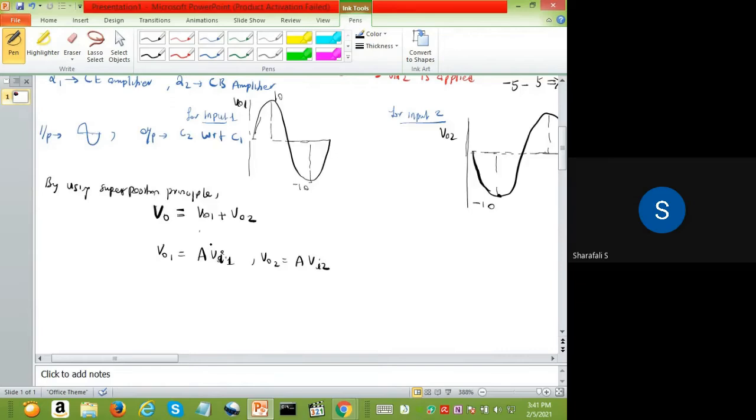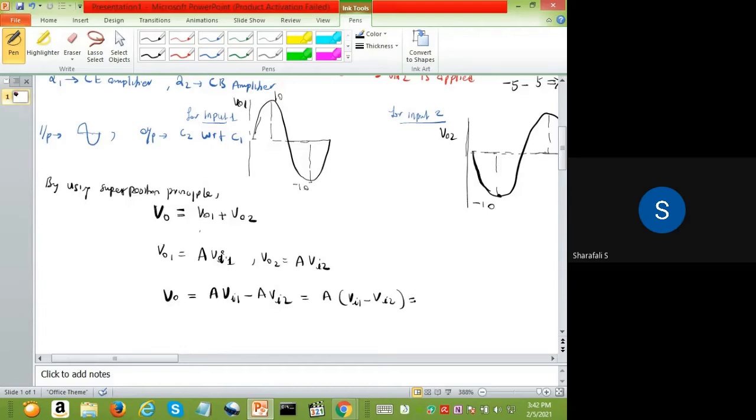One is coming positive, and the other one is out of phase. So I can take the total output V0 as A times VI1 minus A times VI2, and that will give A times (VI1 minus VI2).